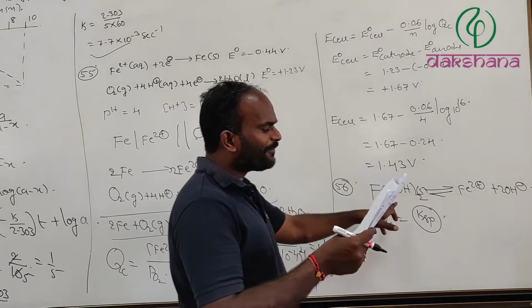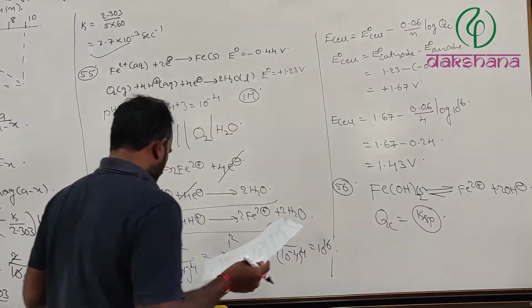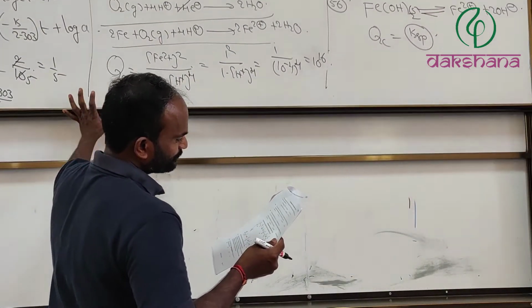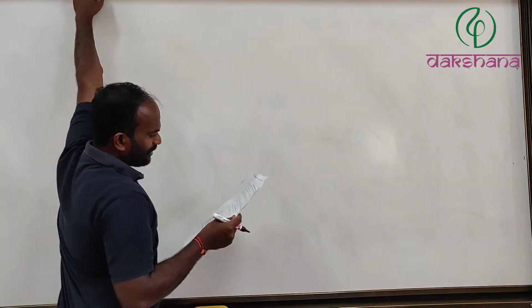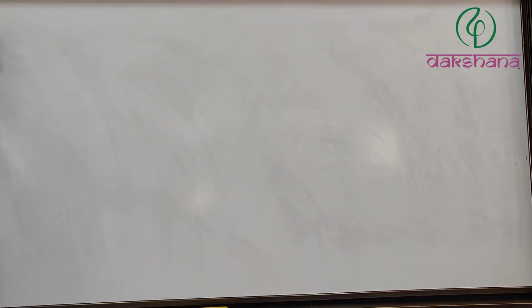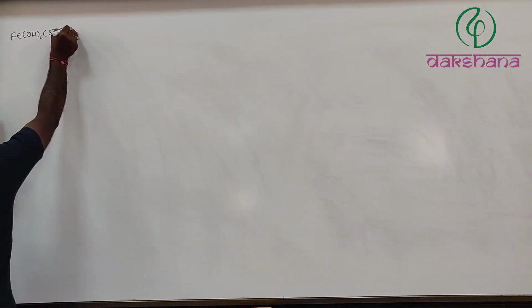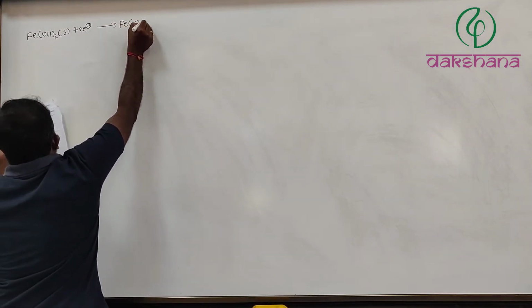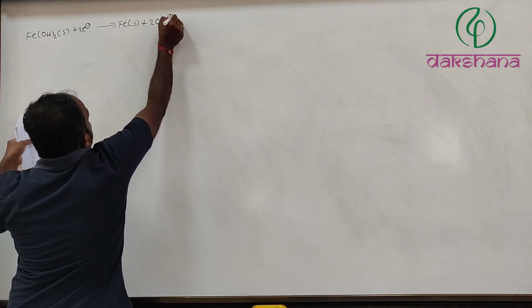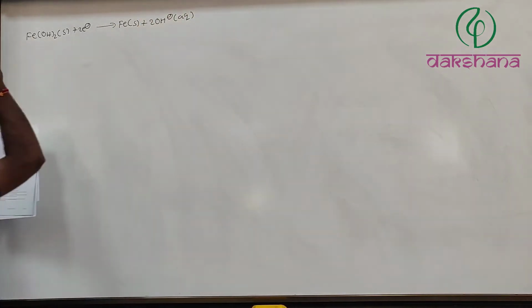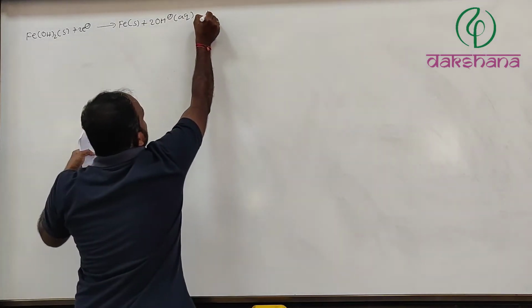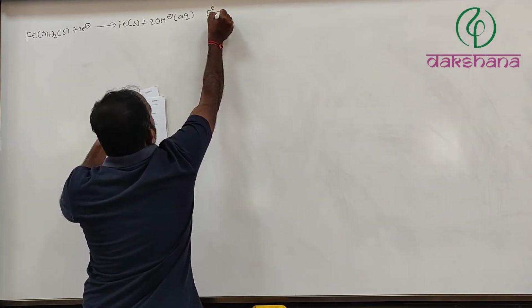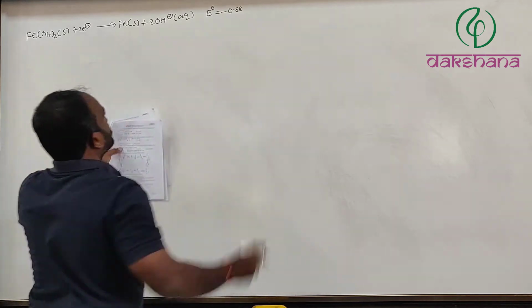So for this type of reaction, the reactions that we can take are going to be Fe(OH) taken twice solid plus 2 electrons gives rise to Fe solid plus 2OH minus aqueous. And its value is given as E0 is equal to minus 0.88.